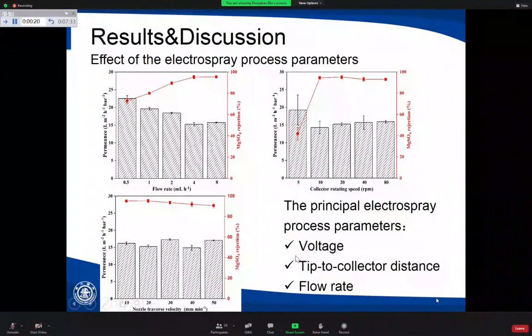So the voltage, tip-to-collector distance, and flow rate are the principal electrospray process parameters. They should have process control.